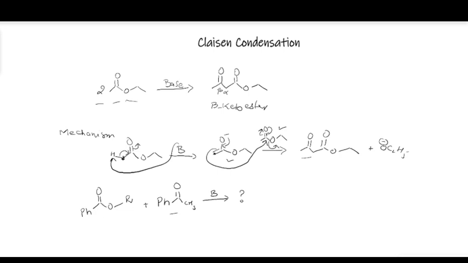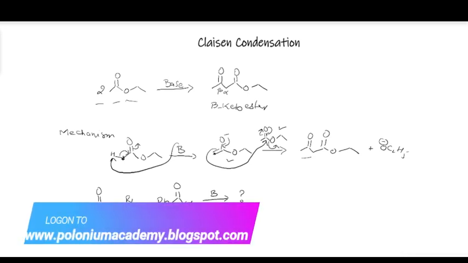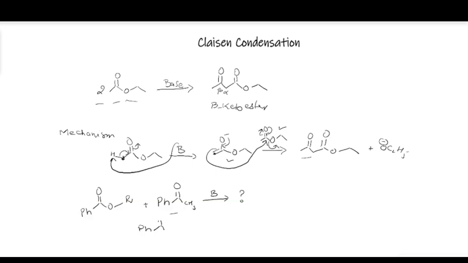This ketone here, this acetophenone, is enolizable. So actually the base will abstract a hydrogen from this acetophenone. Let's see how it works. And so an enolate is formed here. And this enolate then in turn reacts with this non-enolizable ester here, again from the carbon.